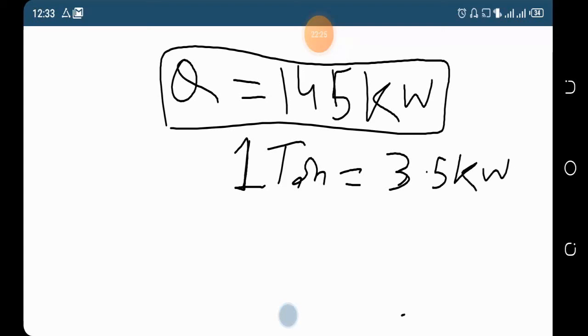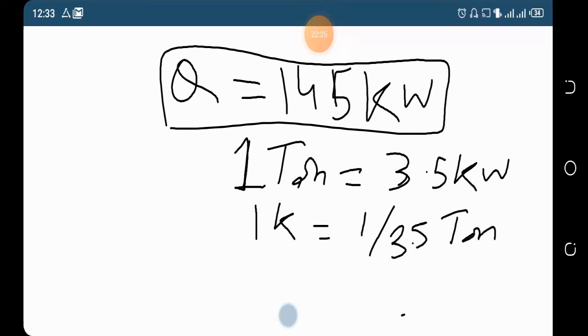Just invert this formula. 1 kilowatt will be 1 divided by 3.5 ton. So multiply by 145 on both sides; you have 145 kilowatt.